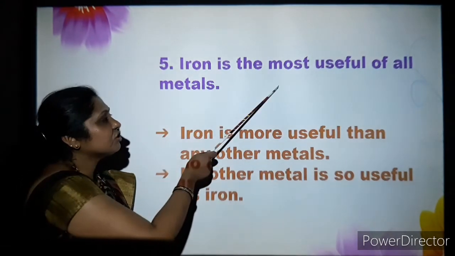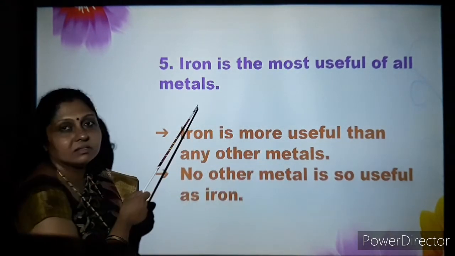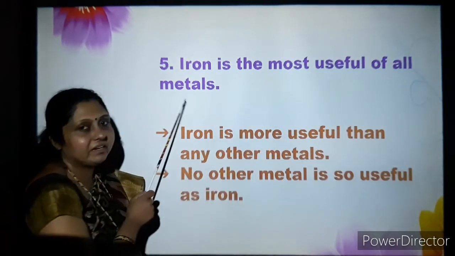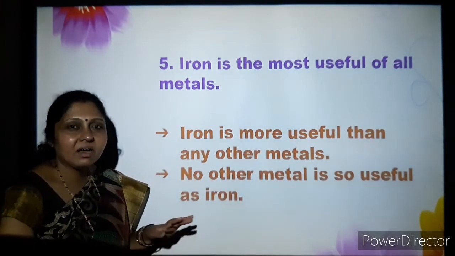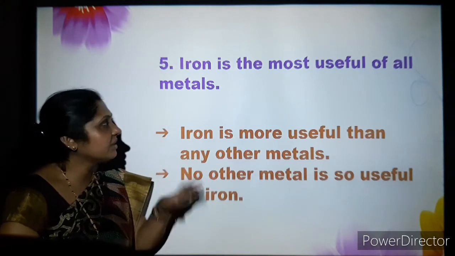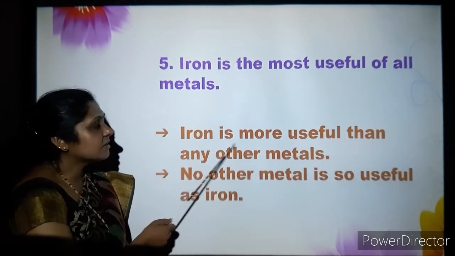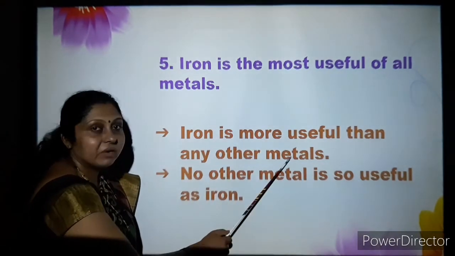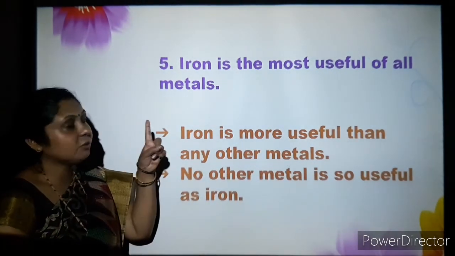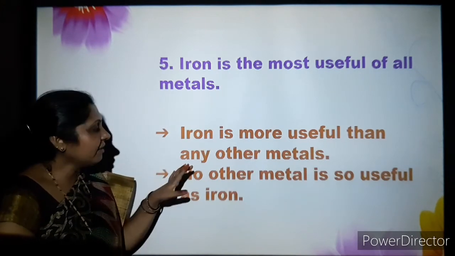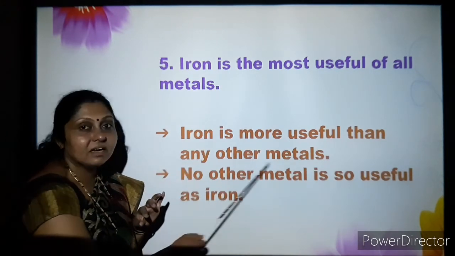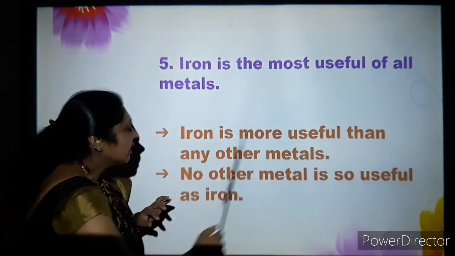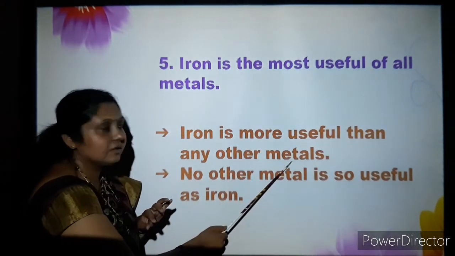Iron is the most useful of all metals. So it's very clear that it is a superlative degree. Iron is more useful than any other metal. I told you, if it is the ultimate, it's only one, then we put it as "any other metal". More useful than any other metal.